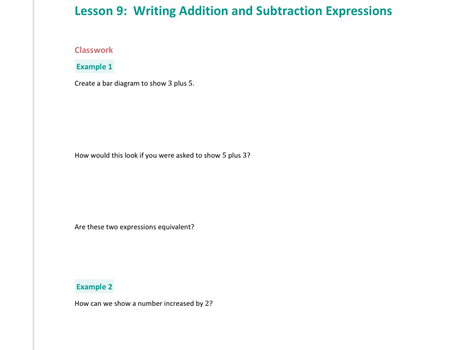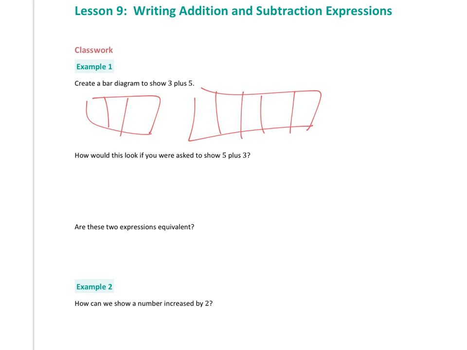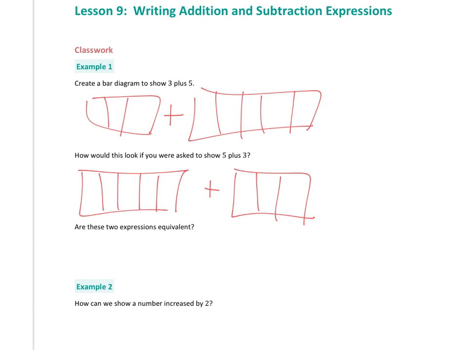Example 1, create a bar diagram to show 3 plus 5. Here we have 3 and 5. So here's 5, 3 plus 5. That's going to equal 8. And if we were asked to show 5 plus 3, here's 5, and here's 3.